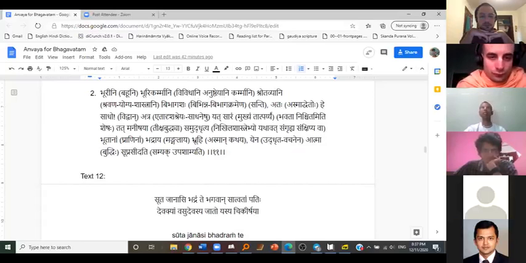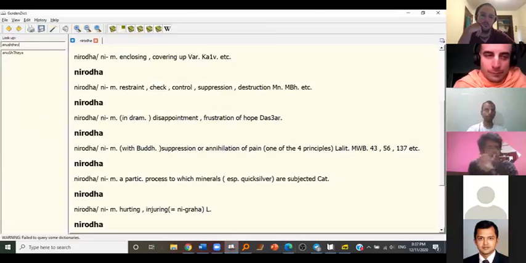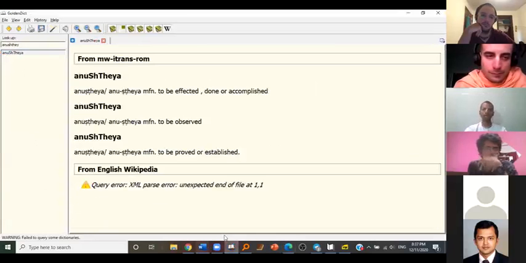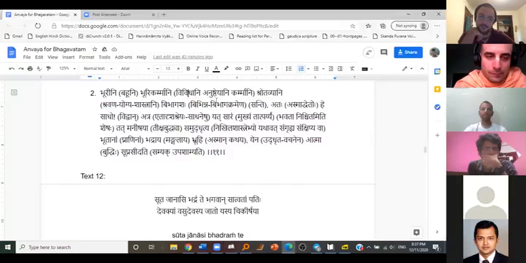Anushtheya means, we know the word anushtan. Anushtheya means the acts which need to be performed, to be accomplished, to be done. Karmani, the acts. Many acts to be performed, to be accomplished.